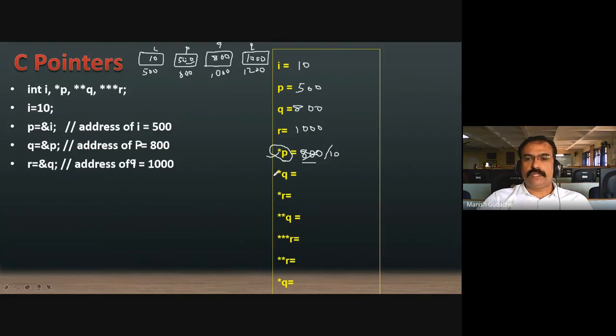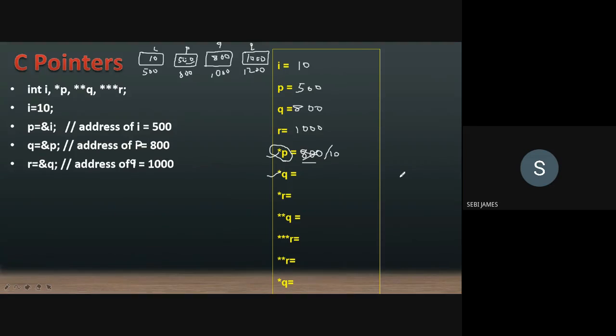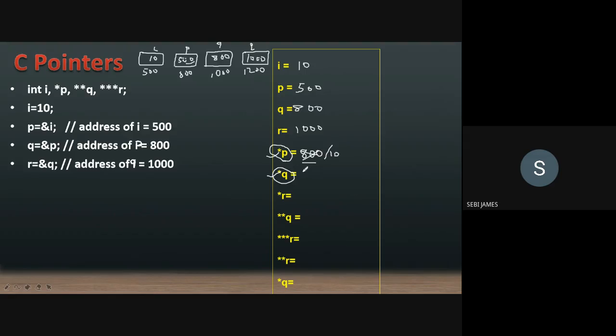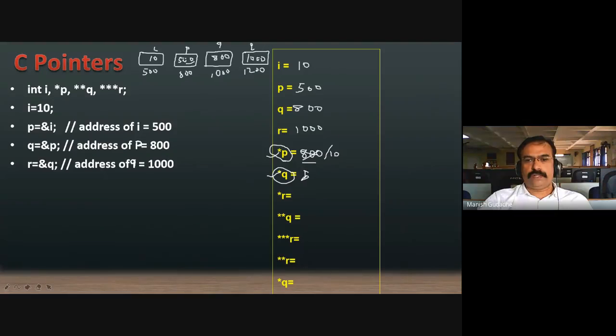Sebi, can you tell me the next one? What is the answer for this? So 500. That is value at Q. Q is 800 and value at 800 is 500.